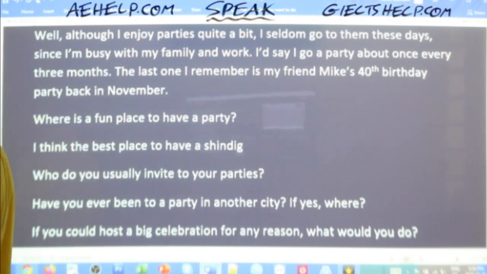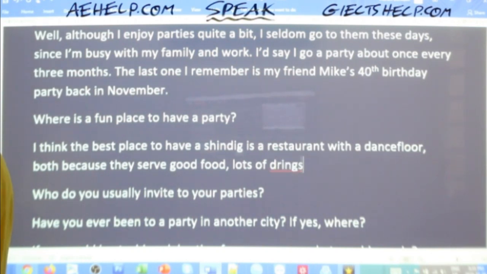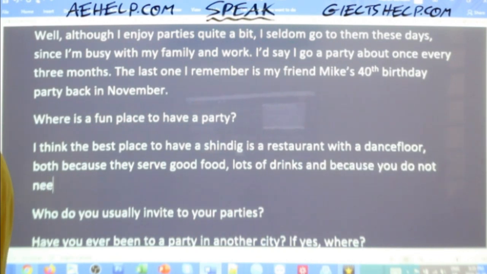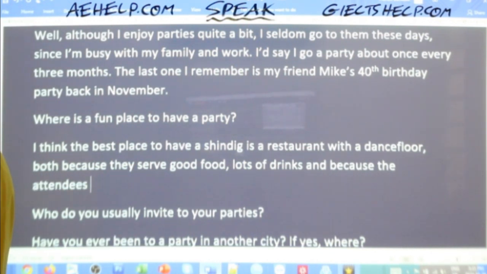I think the best place to have a shindig is a restaurant with a dance floor, both because they serve good food, lots of drinks, and because the attendees do not need to clean up after it's all done.